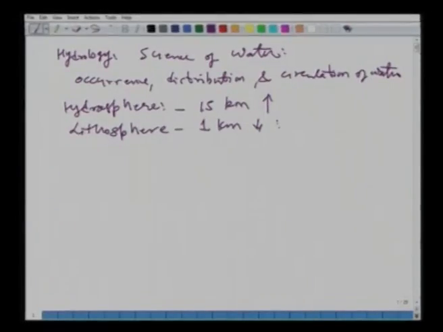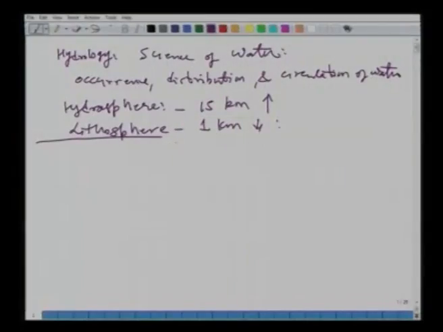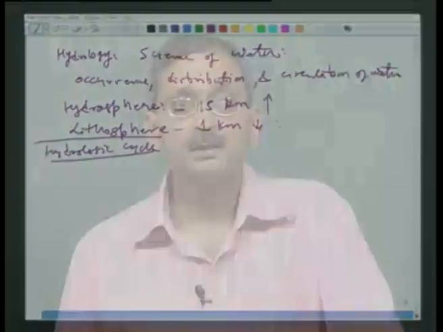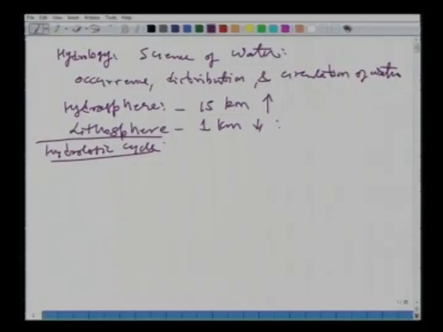Whenever we talk about hydrology, any book you follow, you will deal with what is called the hydrologic cycle. As we know, the water is constantly moving in different parts of the hydrologic cycle or different phases on the earth. It is a closed loop system in which the water starts evaporating from the ocean.